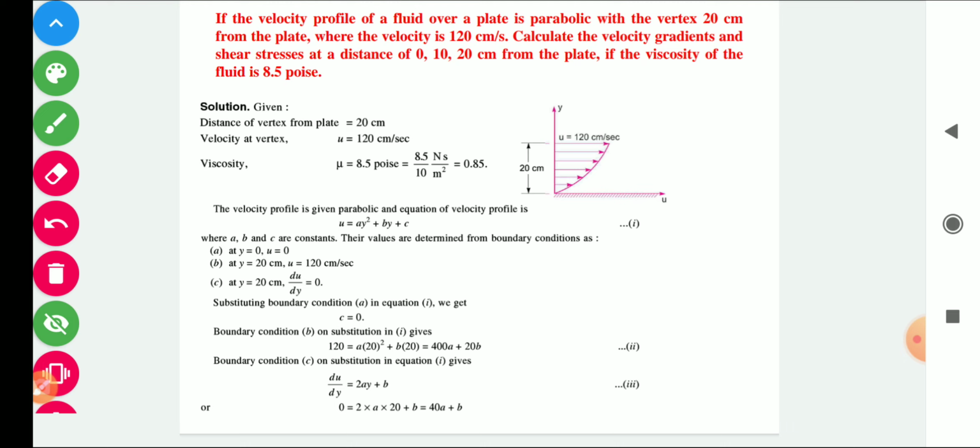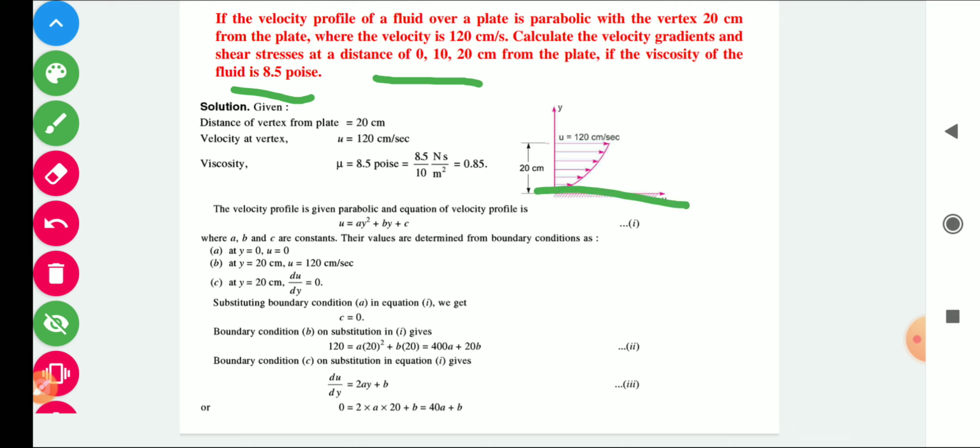Calculate the velocity gradient and shear stress at distances of 0, 10 and 20 centimeter from the plate. The viscosity of the fluid is 8.5 poise. So the viscosity is given, and you need to calculate the velocity gradient and shear stress at distances of 0, 10 and 20 centimeter from the plate.